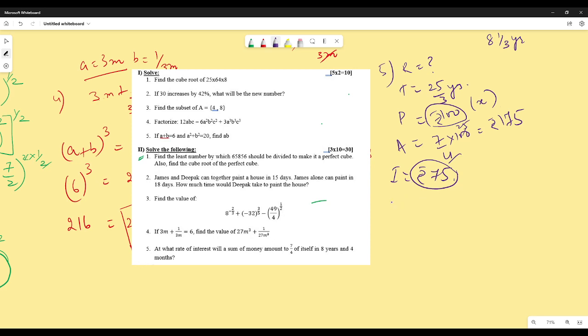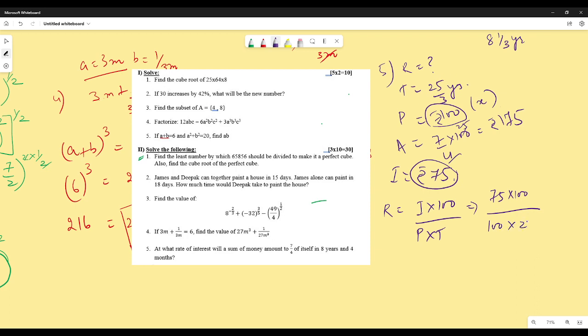Now let us solve it. If you know the formula, R is equal to I into 100 by P into T. So I is 75 into 100 by principal, which is 100, and time is, remember, 25 by 3 years.